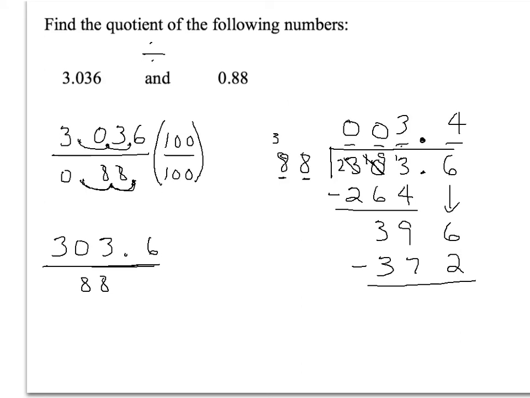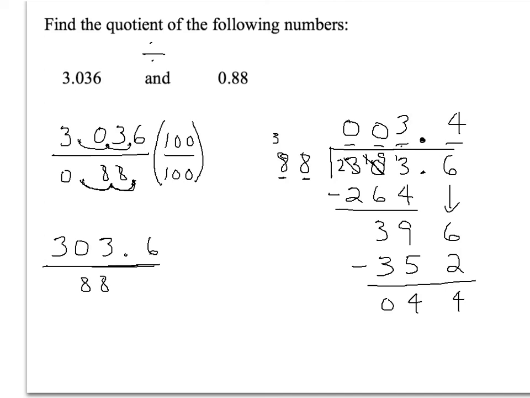See, anybody can do it. That should be a 5. Okay, so that's 396 minus 352. Now I start subtracting, and 6 minus 2, that's 4. And 9 minus 5, that's 4. And 3 minus 3 is 0. So I have a 44 remaining.